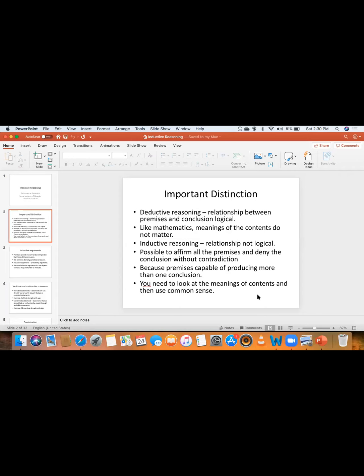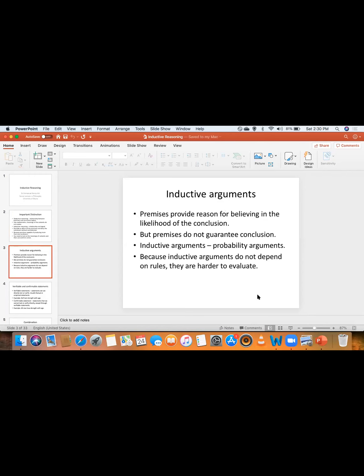So because of that, the premises are capable of producing more than one possible conclusion. And so in inductive arguments, the premises provide reason for believing in the likelihood of the conclusion, but the premises don't guarantee the conclusion. So because of that, inductive arguments are probability arguments.